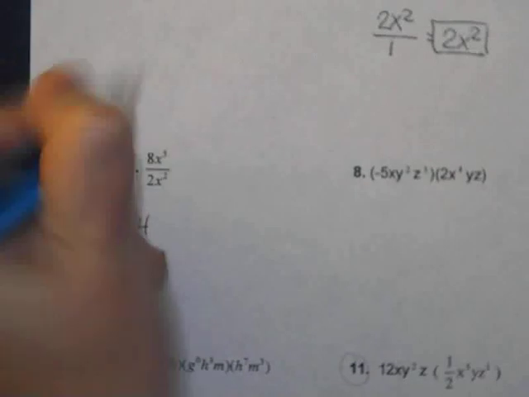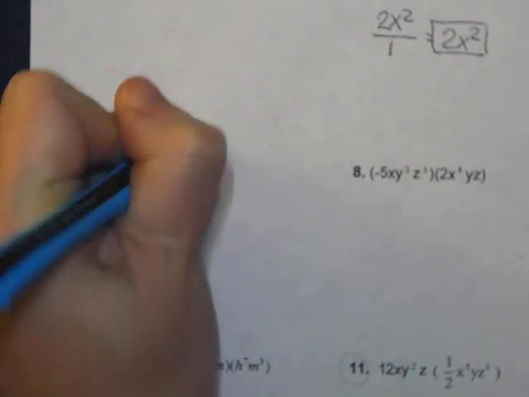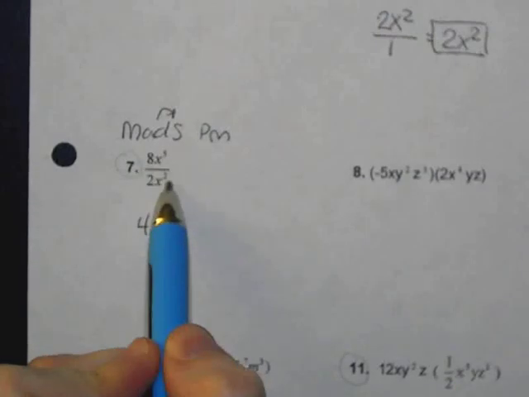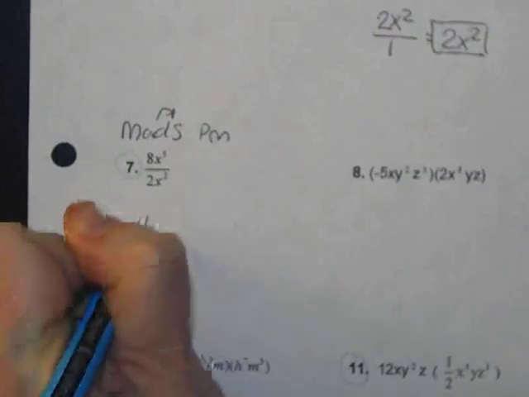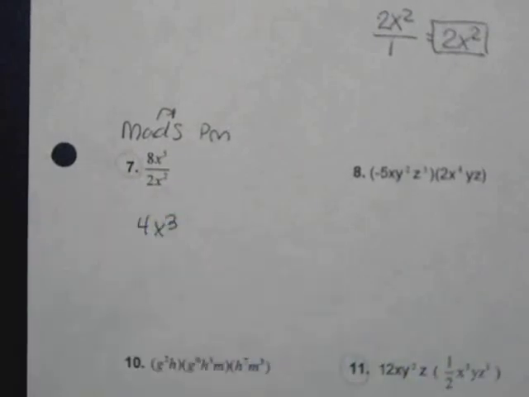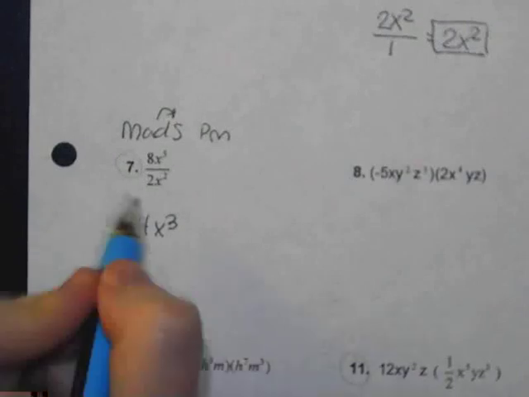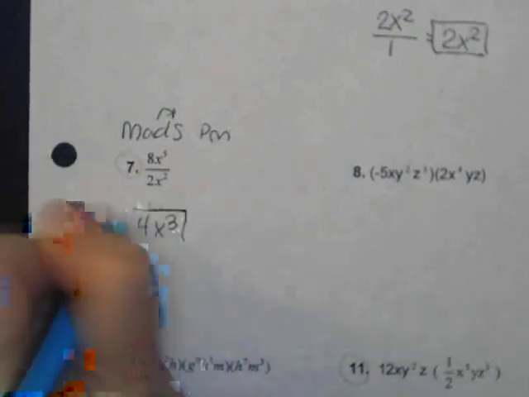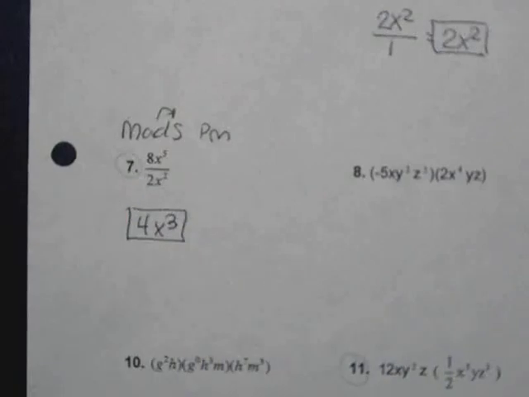Since this is division, MADS PM tells me to subtract my exponents. So 5 minus 2 is 3 more x's on top, so I write x cubed. And again, this is over a hidden 1. We've canceled out that 2 and that x squared, so you're left with 4x cubed.